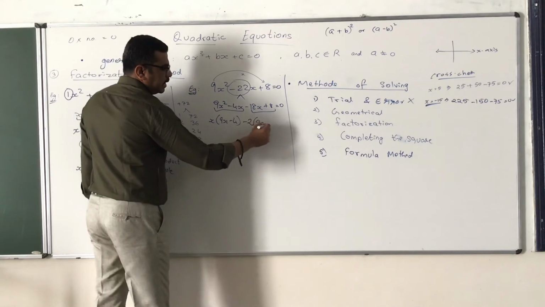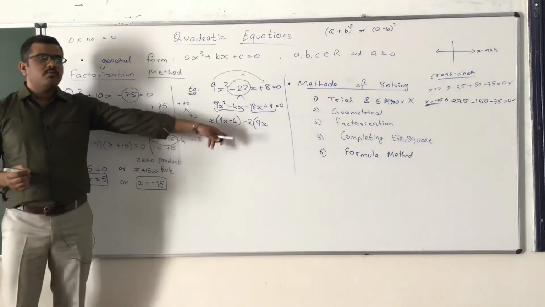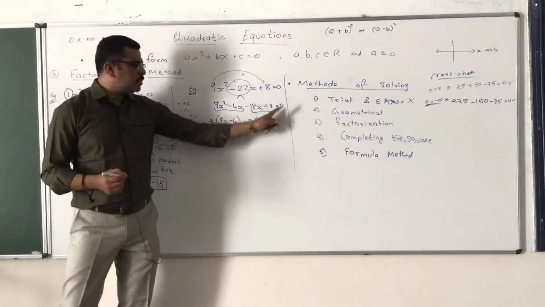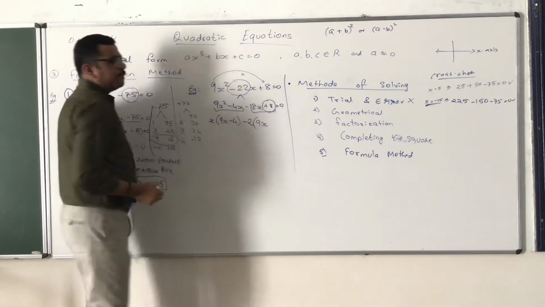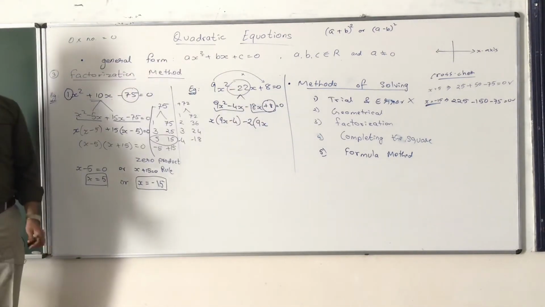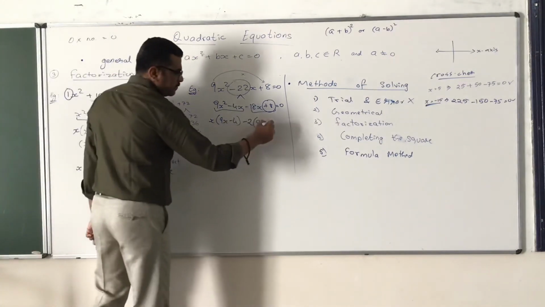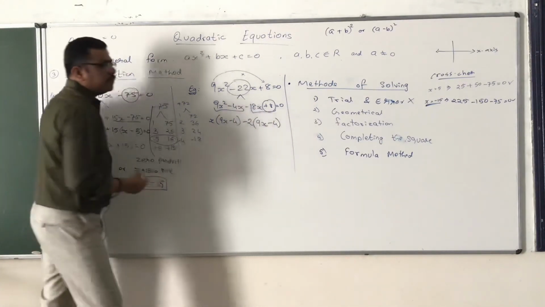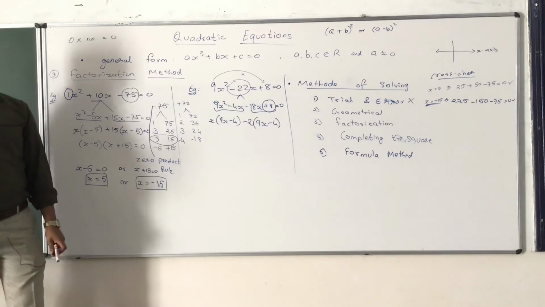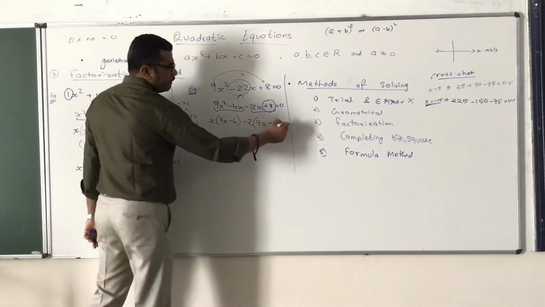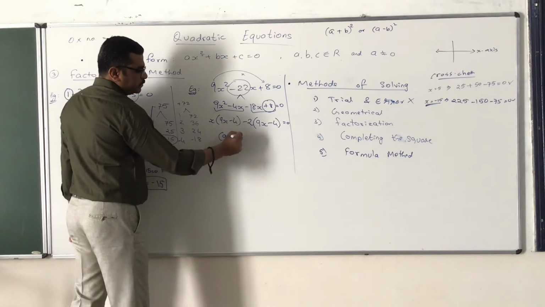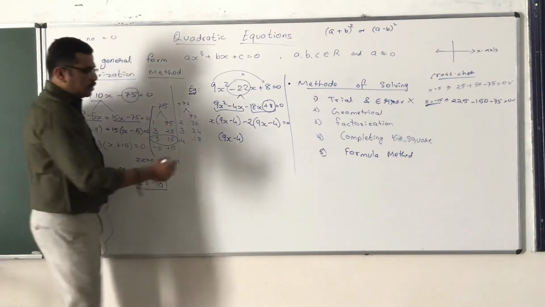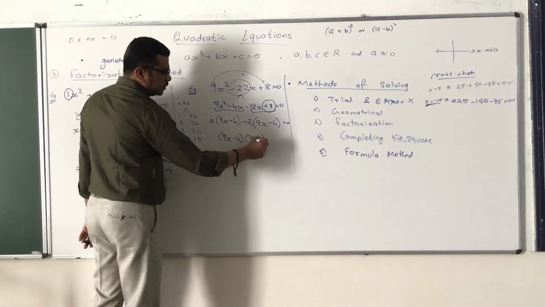Now we have taken negative 2 as common from these two. This is positive 8, and if you take out negative 2 from it as a factor, negative 4 is the remaining factor, equals to 0. Then again 9x minus 4 is common, and we are left with x minus 2 in another bracket.